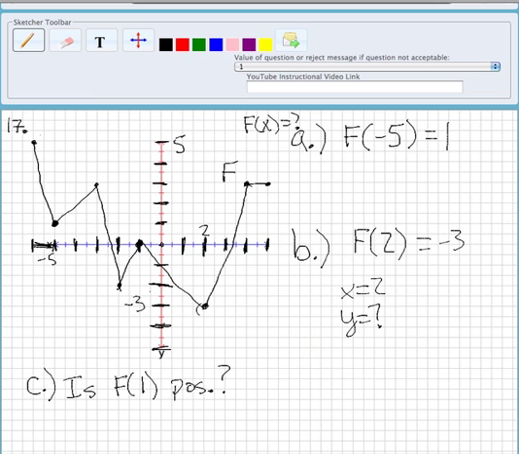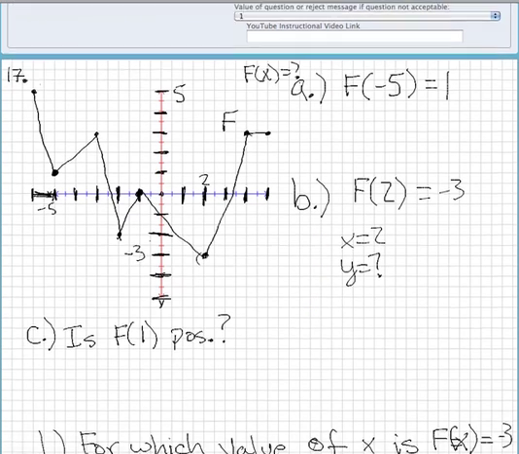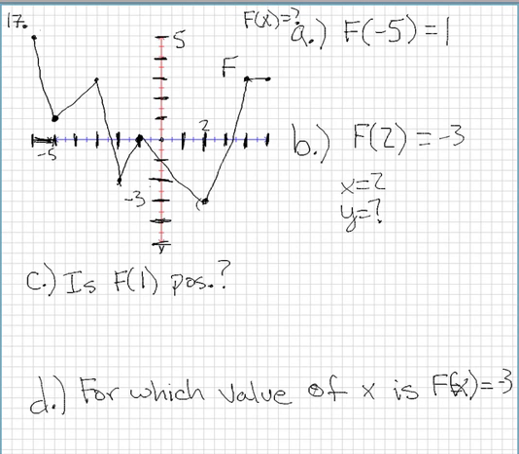Now part C says, is f of 1 positive? So f of 1, we go to where x equals 1. So x equals 1 right here. And what this says is, is it positive? Is the graph either below or above the x-axis? It's below, so that means it's negative.